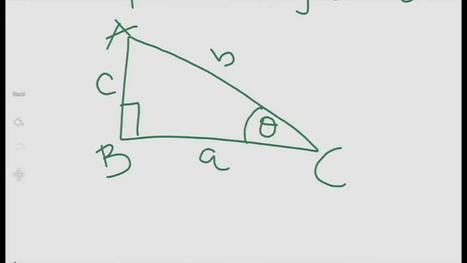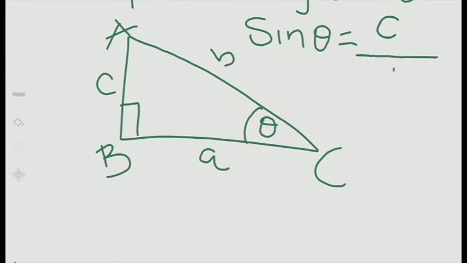The trigonometric ratios we know: the sine of theta is equal to the opposite over the hypotenuse. The side opposite angle C here is side C, so we have the opposite C over the hypotenuse, which is B. And then we also have the cosine of theta, which is the adjacent over the hypotenuse.